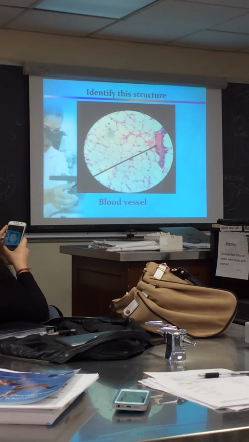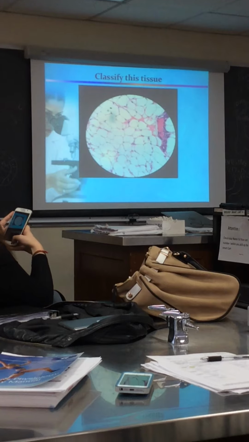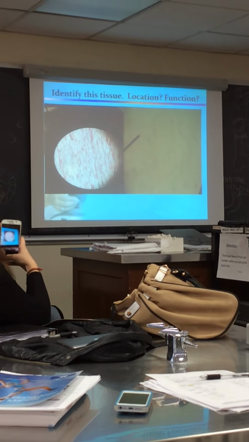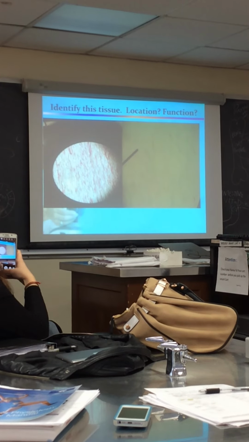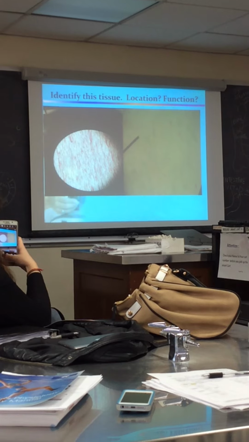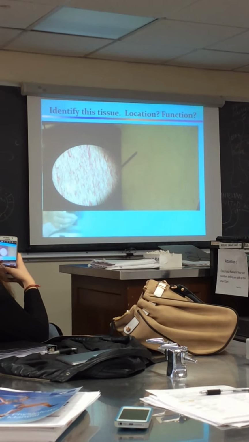Okay. How would you classify this tissue? Fibers, connective tissue. Okay. More fibers, but in this case, the fibers are nicely organized. Dense, regular connective tissue. Location: ligaments or tendons. So function.